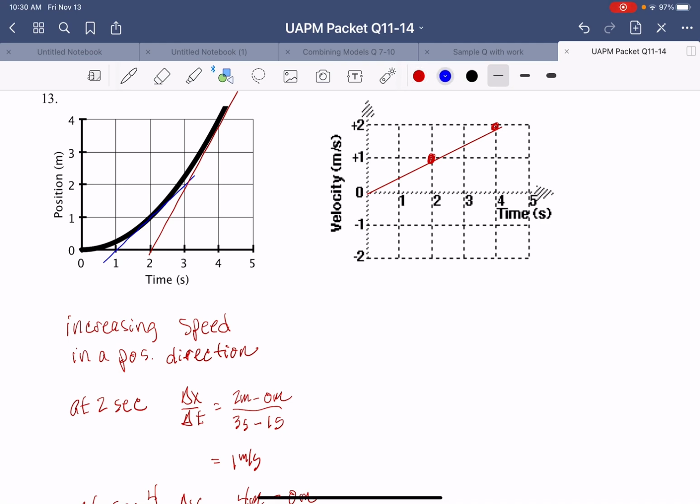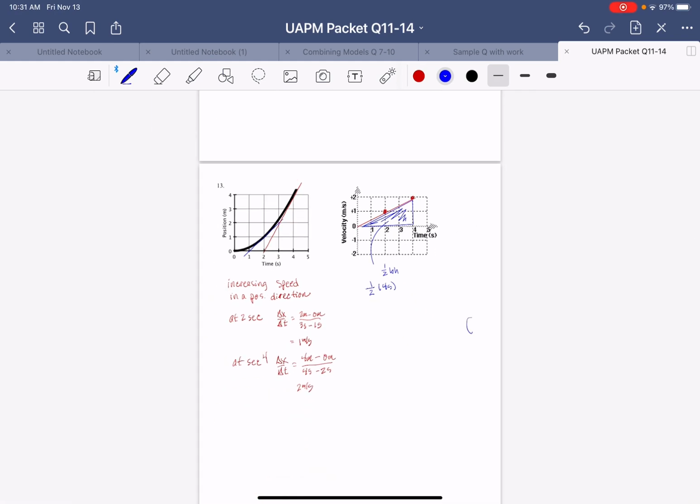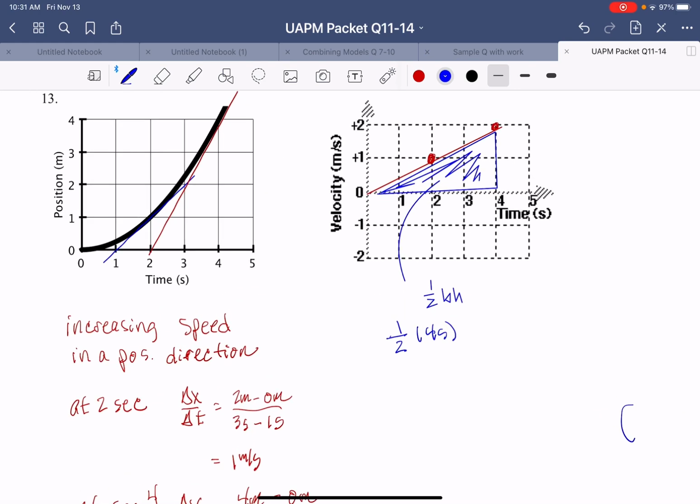Let's find the displacement. Again, it's from the curve to the horizontal x-axis. So I need to find the area of that. Remember, the area of a triangle is 1/2 base times height. So 1/2, my base is 4 seconds. My height is 2 meters per second.